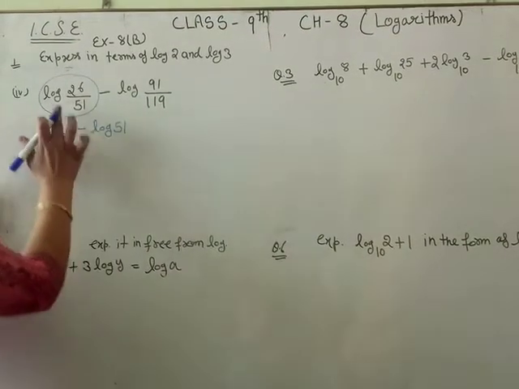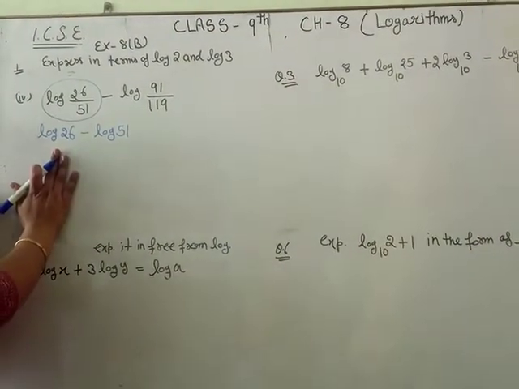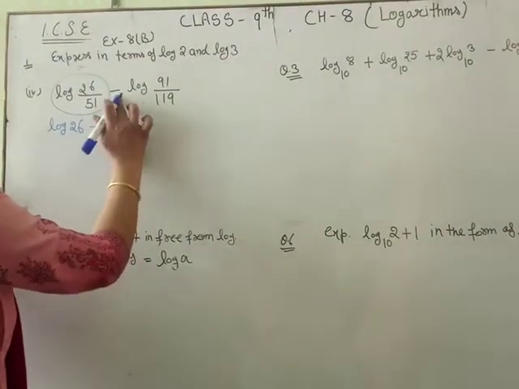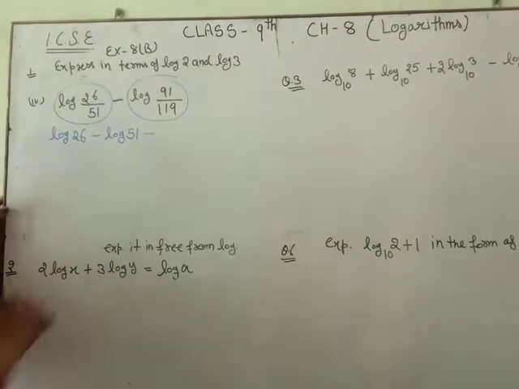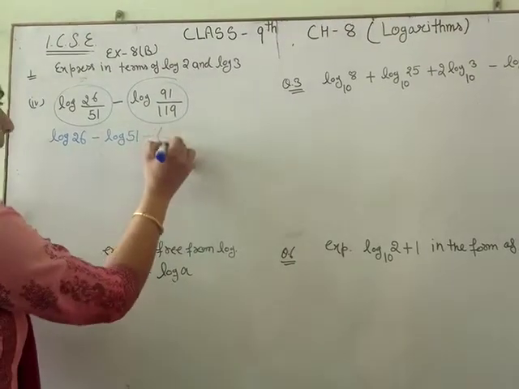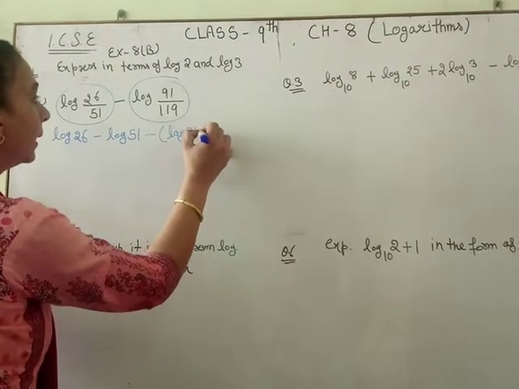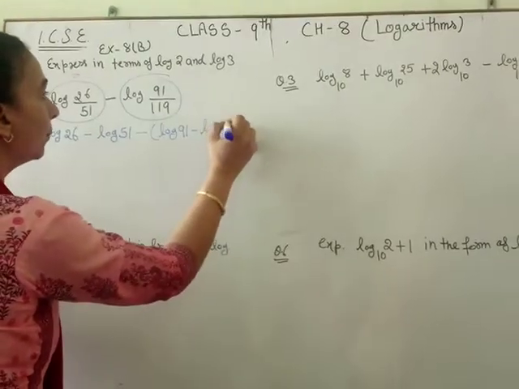If there is no base, the base is 10. Then minus, again applying the quotient law, but we take a bracket because there is a minus: log of 91 minus log of 190.